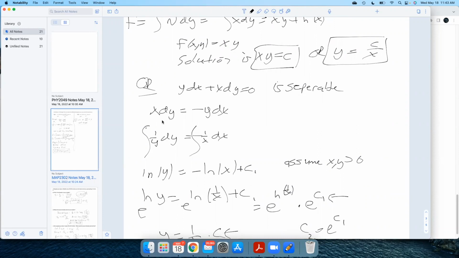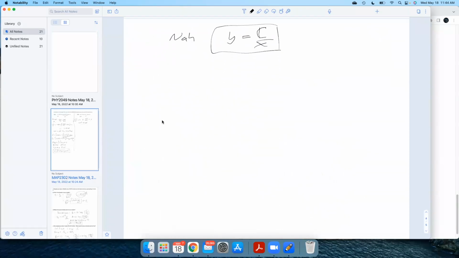So we can solve it using an integrating factor. There are a bunch of different ways. I don't want you to get in your head that dEs are one type or the other. They might be multiple types. They might be none of them. There might be multiple different ways you can solve.